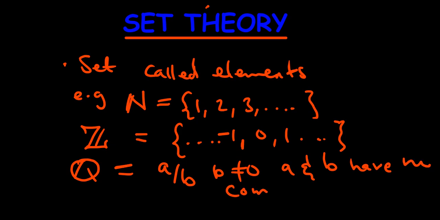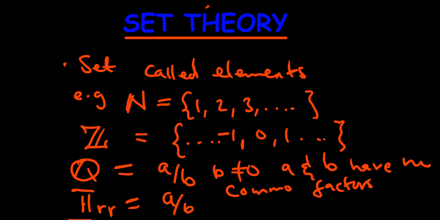That's what rational numbers are. Then irrational numbers are just the opposite of rational numbers. These cannot be expressed in the form a over b.